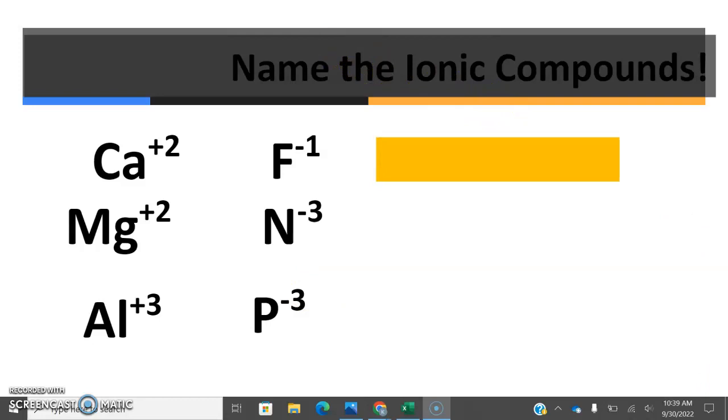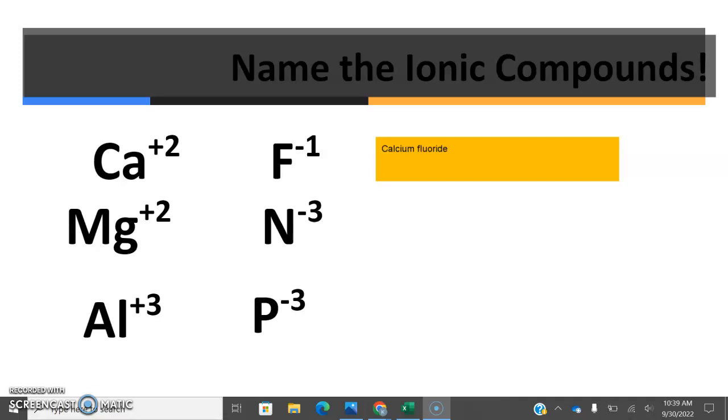Our metal here is calcium, so we'll just write calcium. And then, of course, our nonmetal is fluorine. But we don't want the INE, right? Because this is not calcium fluorine. This is going to be calcium fluoride. So we're just going to change that INE to IDE. The name of this would be calcium fluoride.